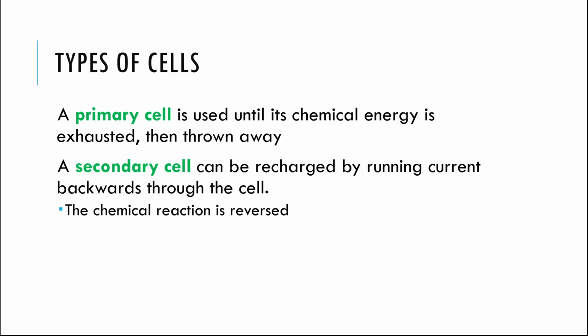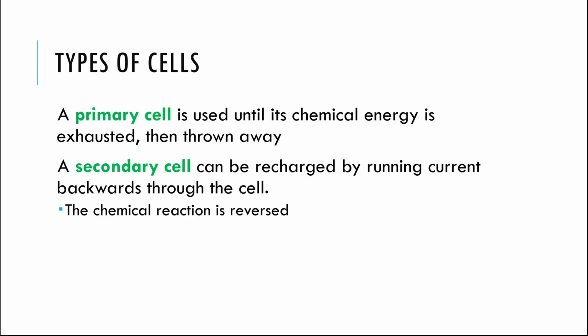Essentially, you can reverse the chemical reaction. Whichever way the electrons naturally want to go when you connect the two pieces of metal with a wire, you plug it into an outlet, pull electricity out of the outlet, and force the chemical reaction to go backwards. You take electrons and push them backwards to reverse the chemical reaction.